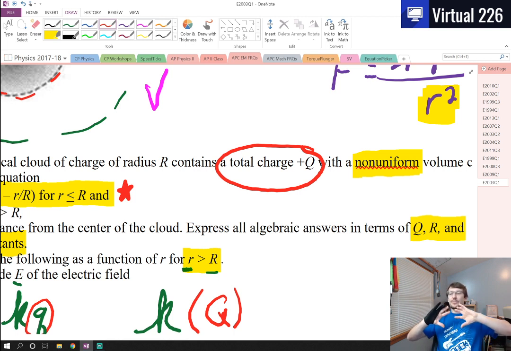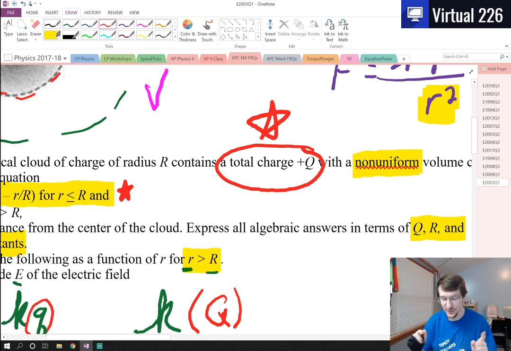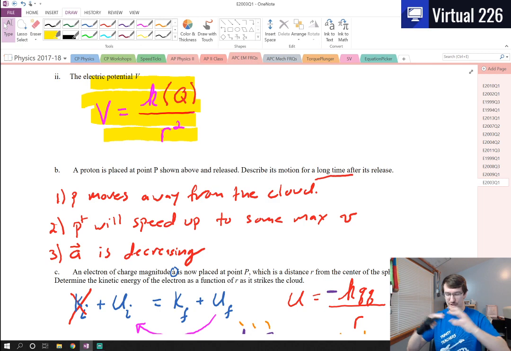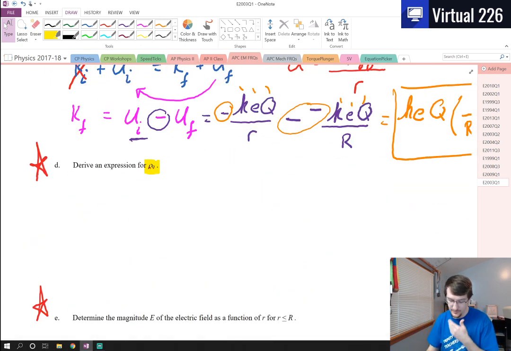But if we were to add up all of the volume and all of the bits of charge that it has, because there's some density, then we would get, in the end, the total charge out of our system. And our total charge here is plus Q. So what this means is if we're adding everything up of this changing function, we're going to be stuck with an integral here. And there's no ifs, ands, or buts about that.